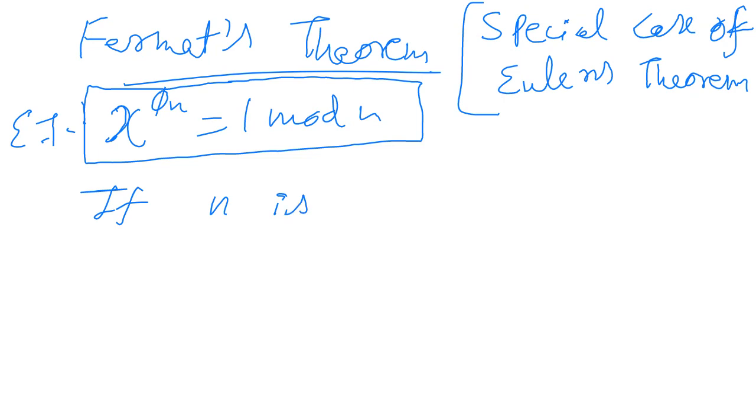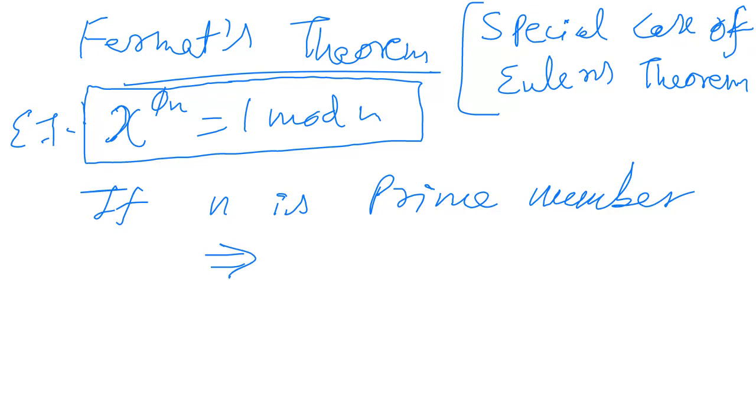If n is a prime number, then this implies that phi n is equal to n minus 1, right?